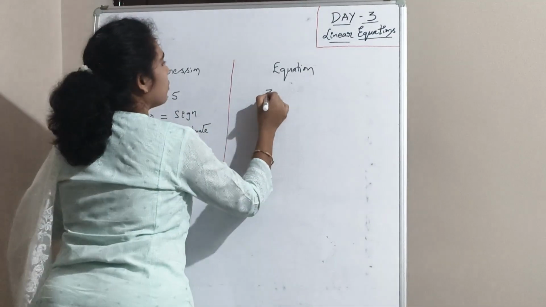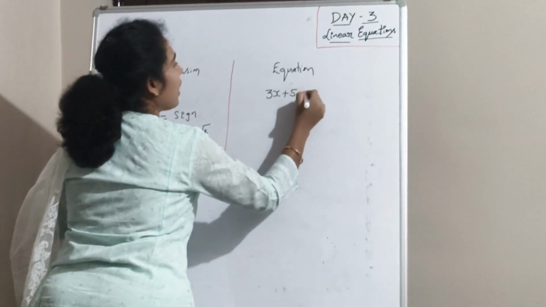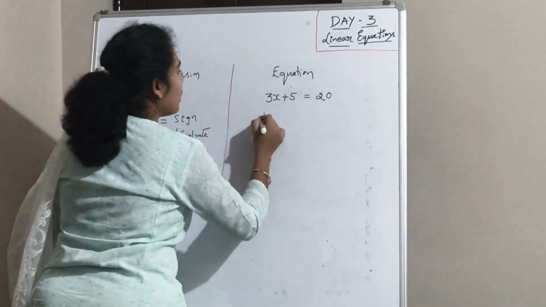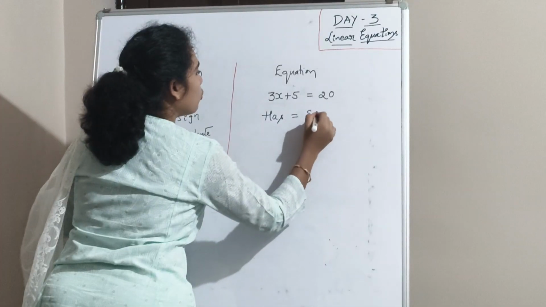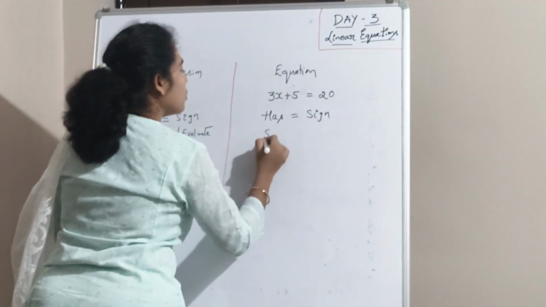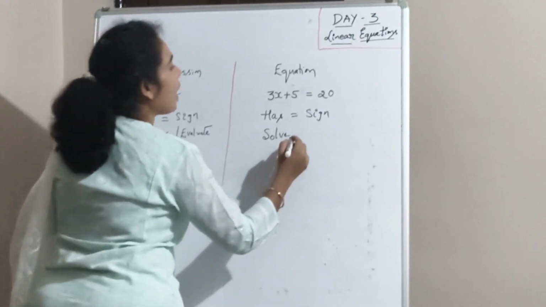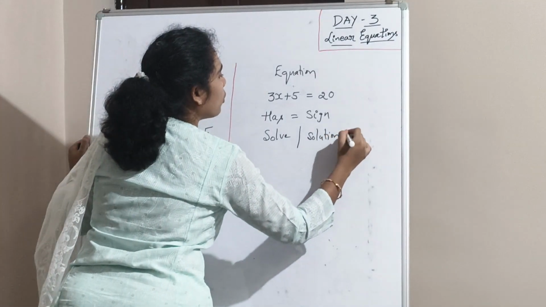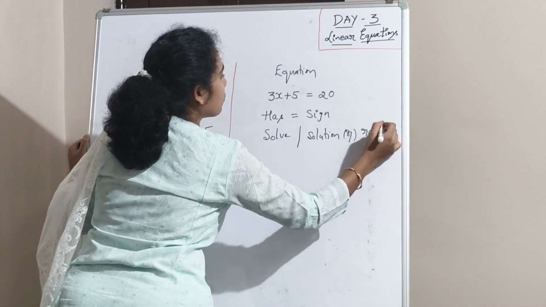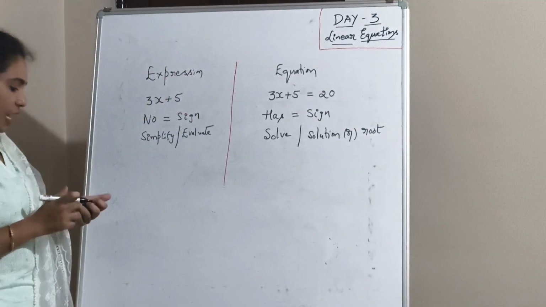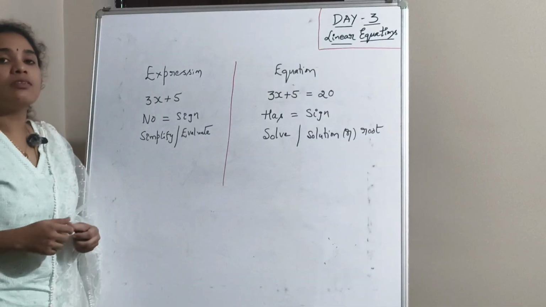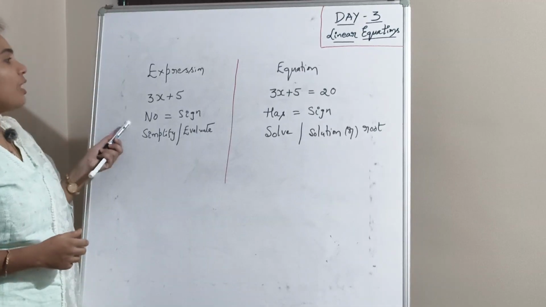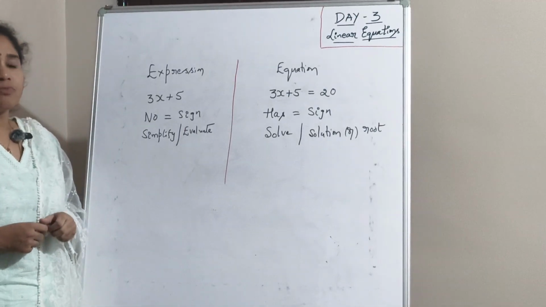Coming to the equation, it will have equal to some value. So it has an equal to sign. Solve and you can find out the solution or root. After finding the x value, the x value is known as the solution or root of the equation. So that is the difference between an expression and an equation.